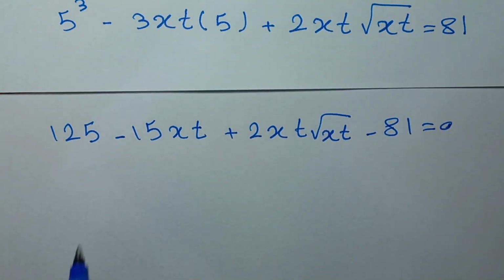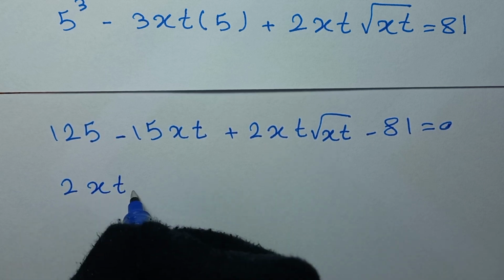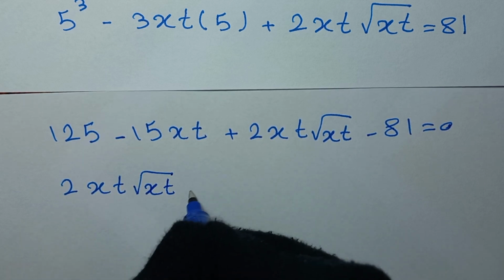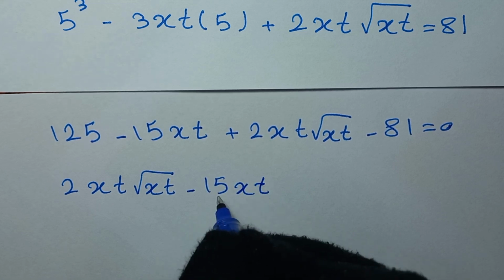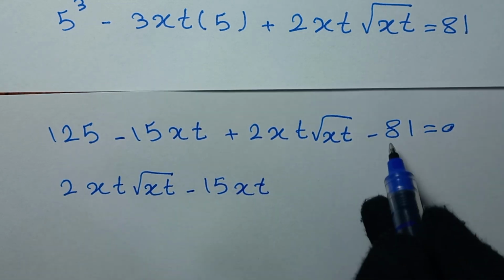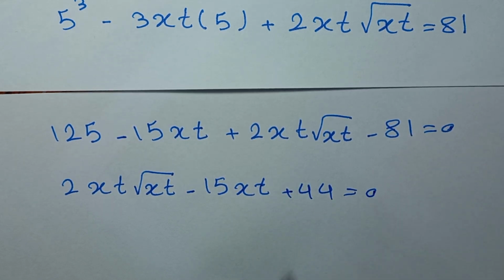So it will be 2xt square root of xt minus 15xt plus 125 minus 81, which is 44, is equal to 0.